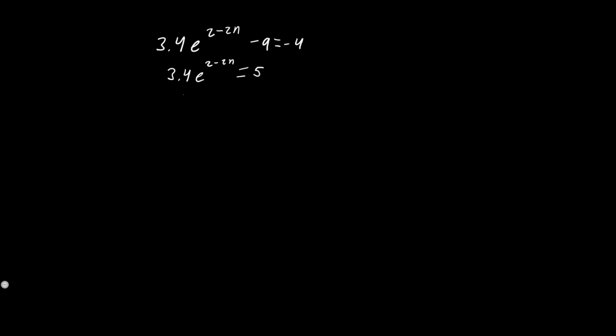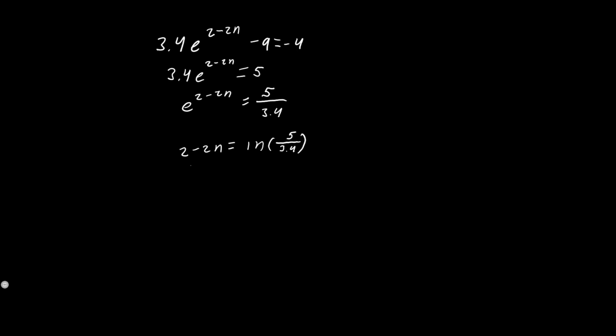And here we can divide by 3.4, giving us e to the 2 minus 2n is equal to 5 divided by 3.4. Now we can take the natural log, giving us 2 minus 2n is equal to the natural log of 5 over 3.4.